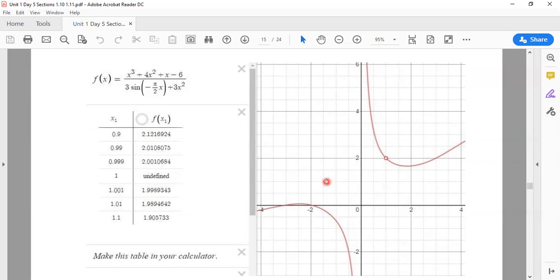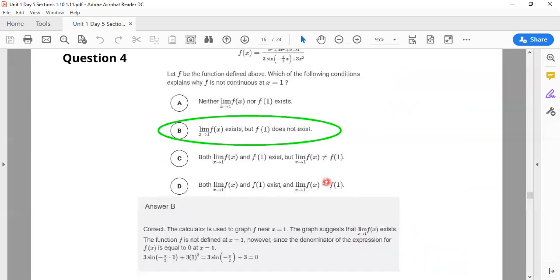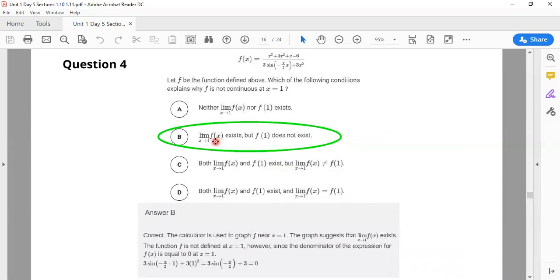Okay, but now we need a good reason. So this is important. So the limit did exist for sure, right? It was 2. The table suggests it and the graph reveals it, but f of 1 does not exist. Now let's look at the other answer choices. I like to do that. Neither of these exists.